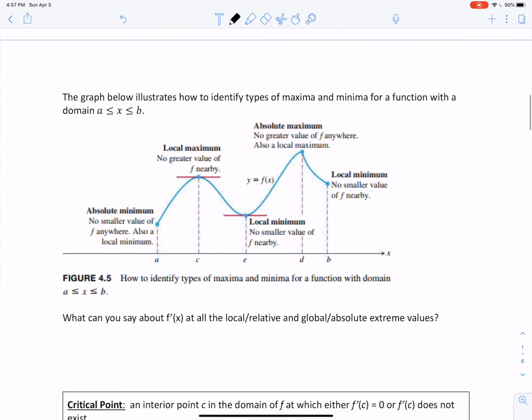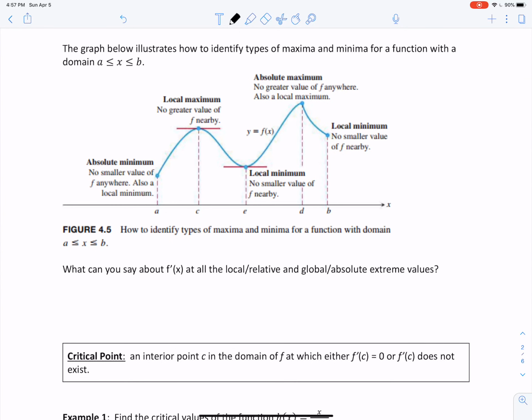The graph below illustrates how to identify types of maxima and minima for a function with a domain where x is between and inclusive of a and b. Notice when x equals a, we have an absolute minimum, or instead of absolute, we might refer to it as a global minimum.